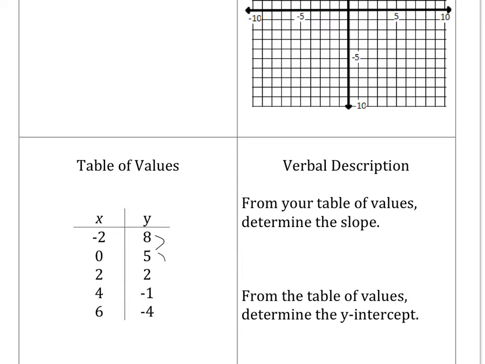Every time here, my y is decreasing by 3, and my x is increasing by positive 2. So change in y divided by change in x gives me a slope of negative 3 over positive 2, or negative 3 over 2. And that answers one of these questions here. From your table of values, determine the slope. Well, we just said m was negative 3 over 2, so let's write that down.